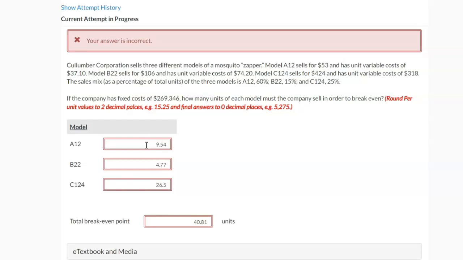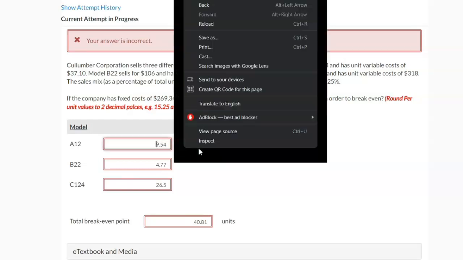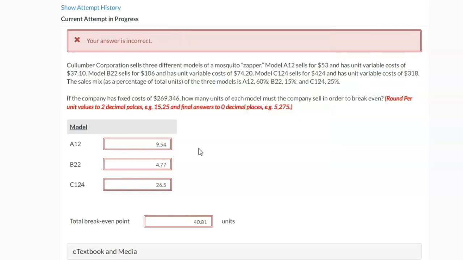For example, for A12, the contribution margin was 15.9, and 60% of 15.9 is 9.54.